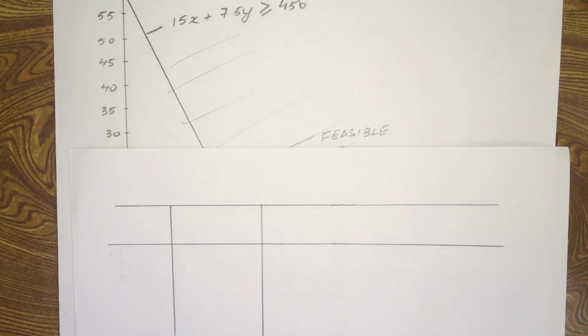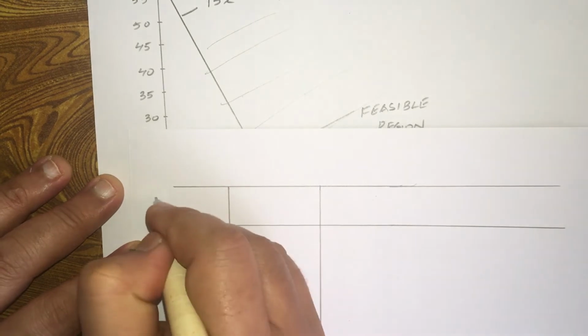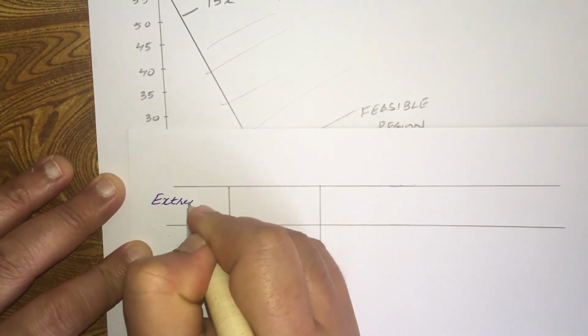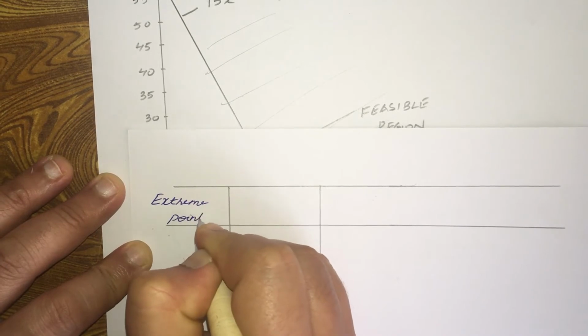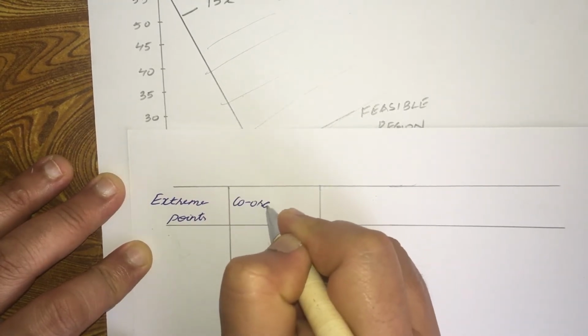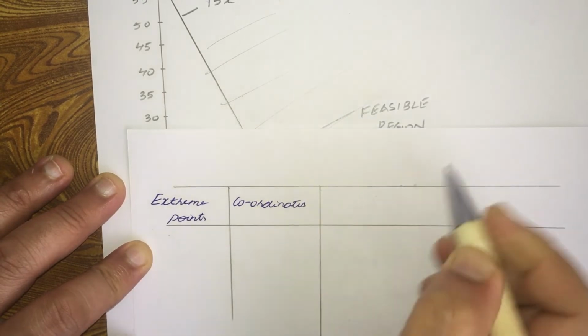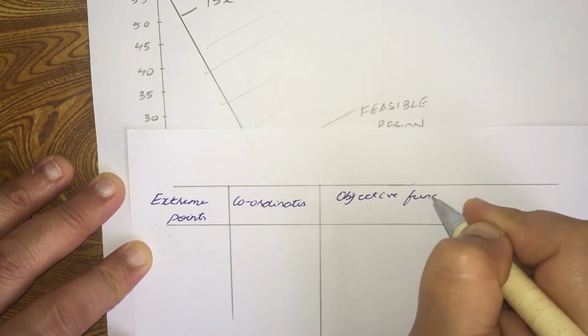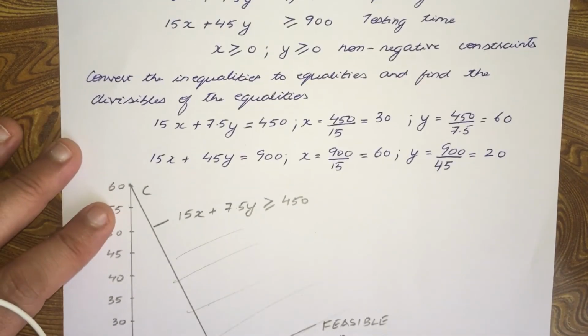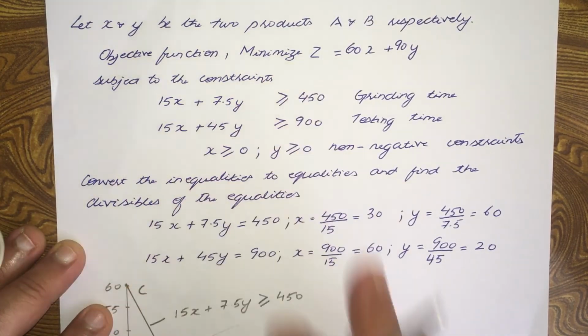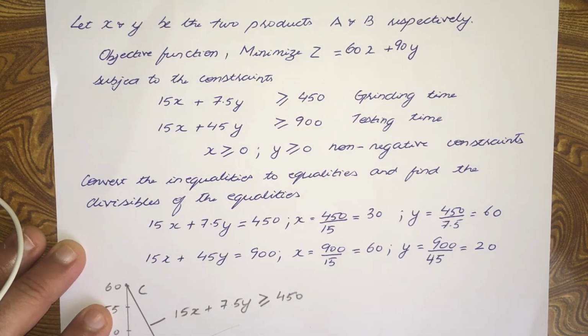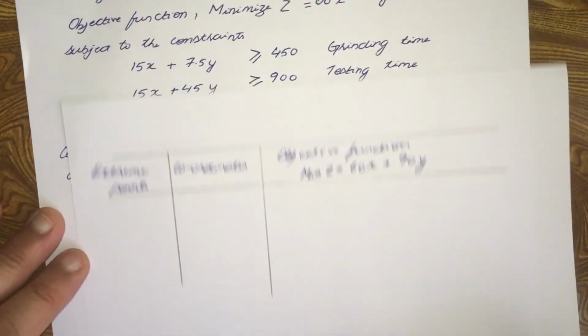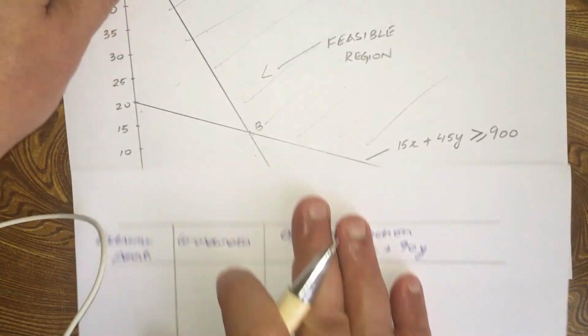Okay, so extreme points, your coordinates, and your objective function. What is your objective function? Objective function is minimize z, equal to 60x plus 90y.